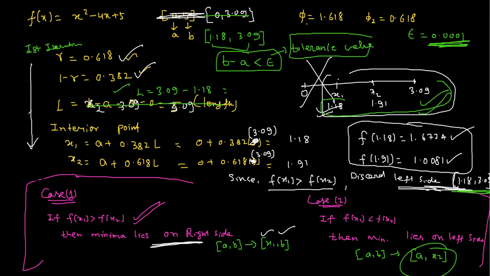So I think you understand the concept. We will do one more question fresh, with all steps, right? Only remember these 2 points. If fx1 is less than fx2, keep the left interval. That's it. And discard the right interval. Understood?